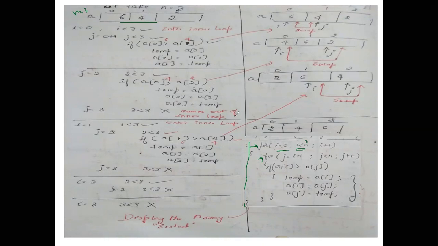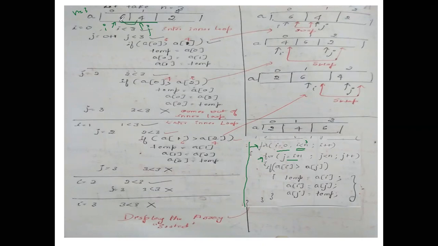Next, we are taking one more loop, that is a for loop, for comparing the array elements. If i is pointing to the first element, j will be having the next element, because we have to compare 6 with 4, correct?